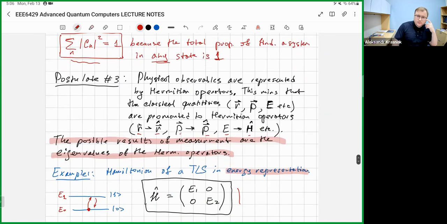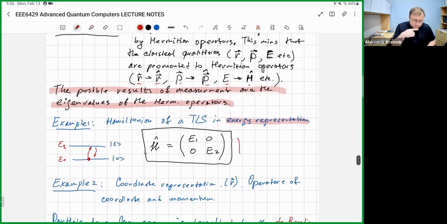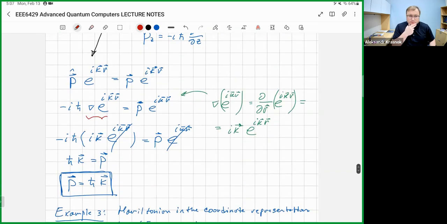Right. Then postulate number 3 tells us that in order to describe a quantum system, we need to basically take classical quantities and assign them a set of quantum operators, like position gets the position operator, momentum gets the momentum operator, energy operator, etc. And these operators are Hermitian by definition, and the Hermitian operators have real-valued eigenvalues and eigenstates that form the linearly independent basis that you can use to describe the state of the quantum system.